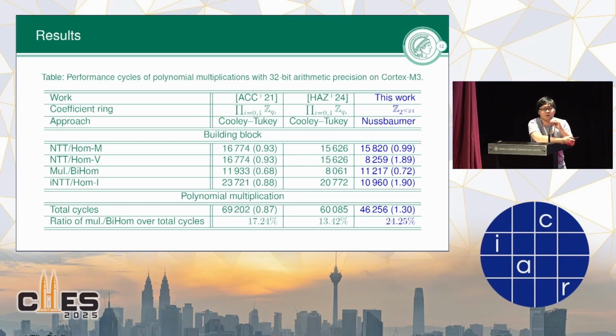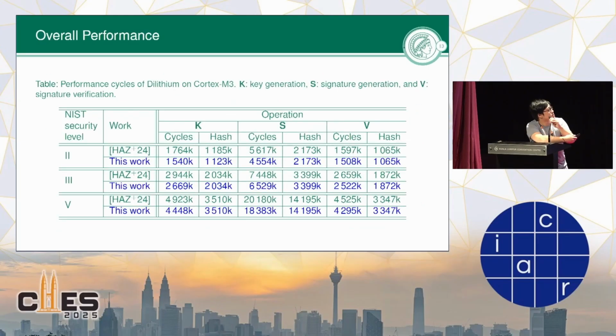But overall, if we apply the idea to polynomial multiplications, then it indeed improves the performance. The performance of NTTs and also the performance of the NTT-unfriendly case, both of them together translate into the improvement of the overall performance shown on the slide.